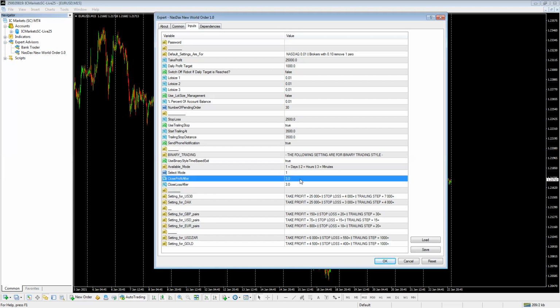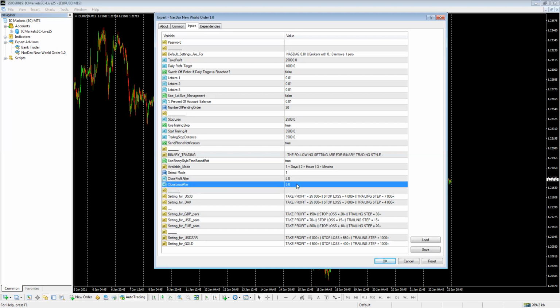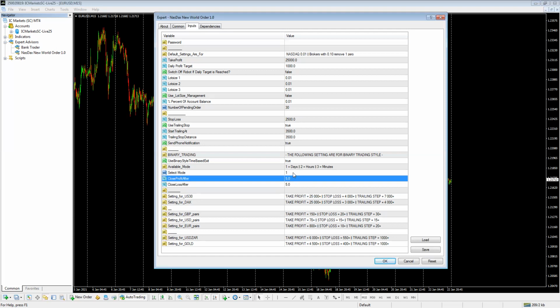Then if the trade is opened on Monday, it will close on Wednesday night. If you put it on 5, if it opens the trade on Monday, the trade will run throughout the week, as long as your balance allows the trade to be open, and closes on Friday. So if you want to use this, just be sure you are familiar with binary trading.